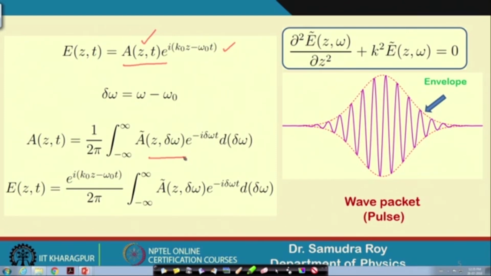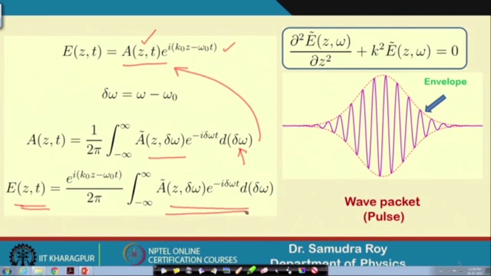This is some sort of Fourier transform. A consists of different Fourier components, and if I start adding all Fourier components with all frequencies, as we showed in the first slide, where different frequency components or different plane waves are superposed to each other and generate a wave packet, exactly here we try to do this, and we will have a form of A like this. Now, what will we do? We will put this A here, and my E is now in this form.